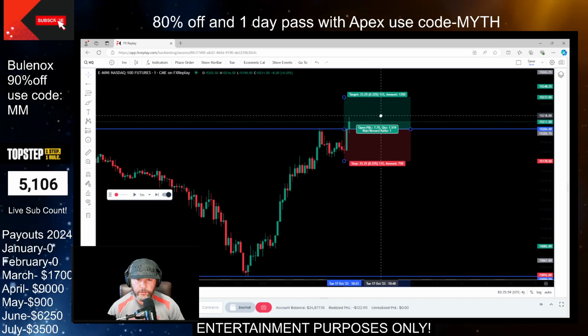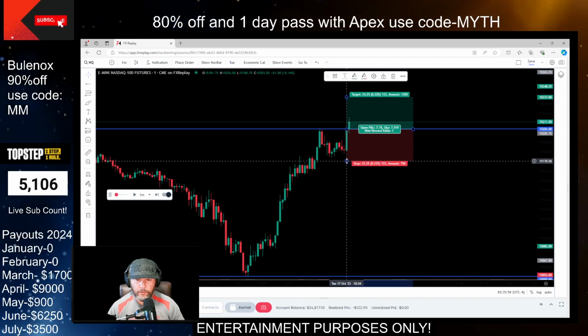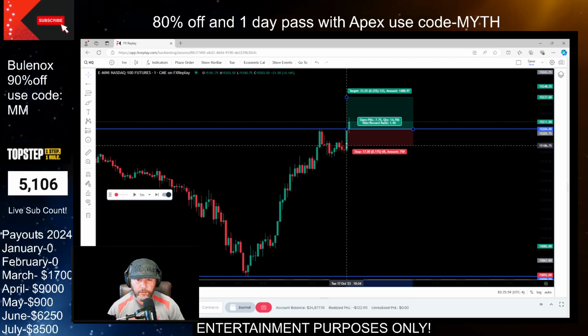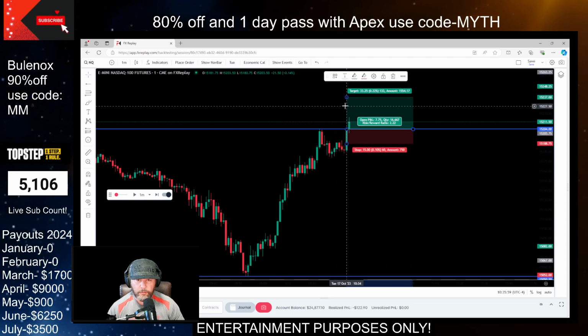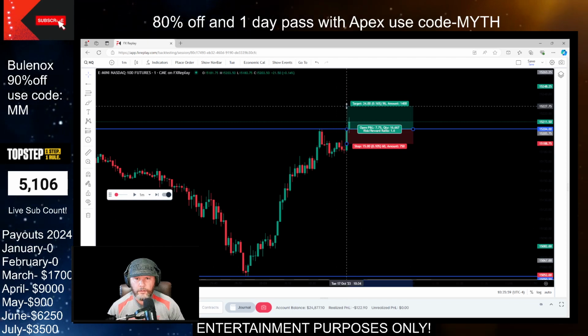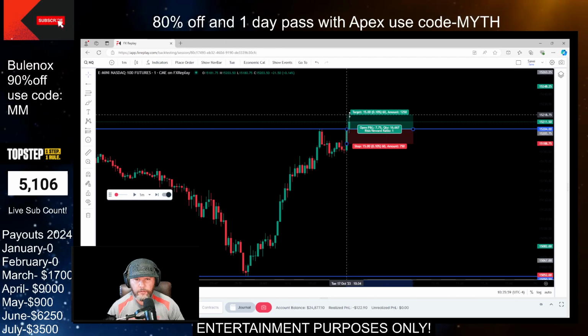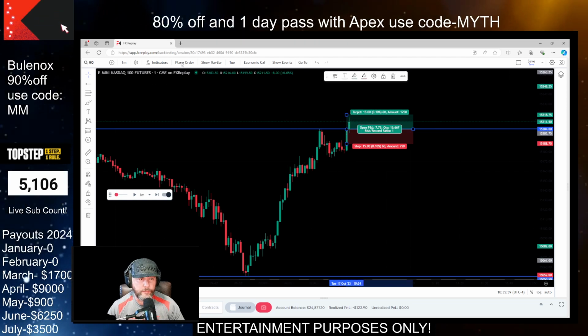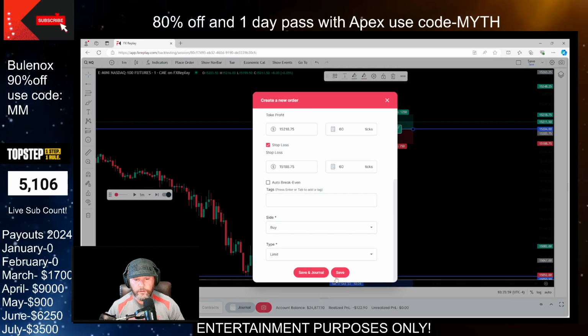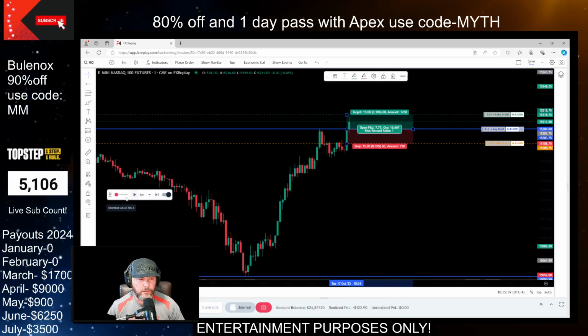Long position here. Risking 15 and targeting 15. Place the order. Save. Let's run it.